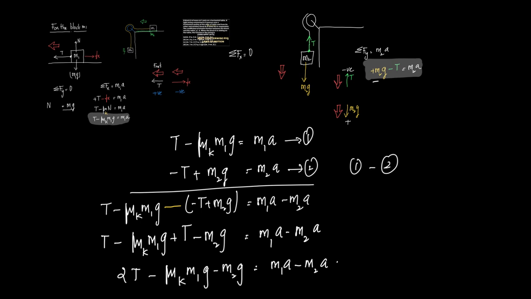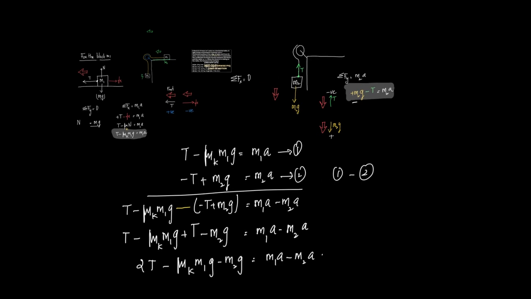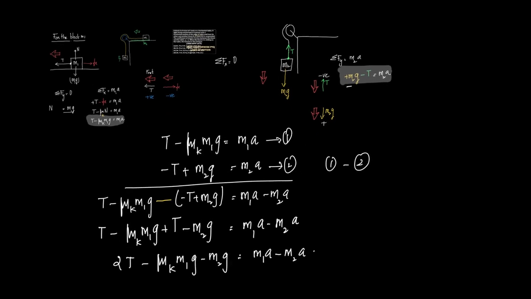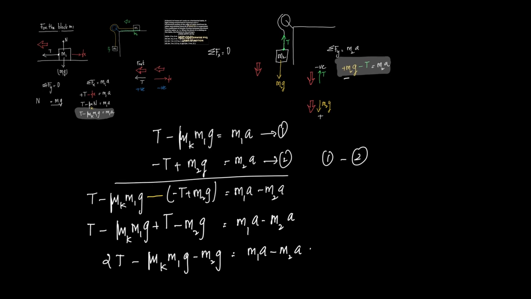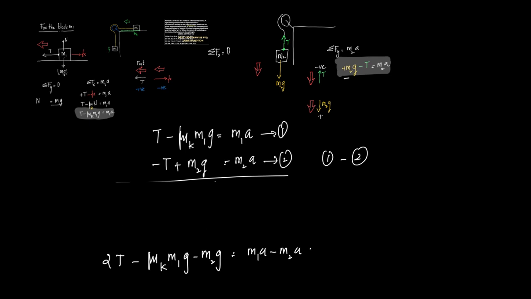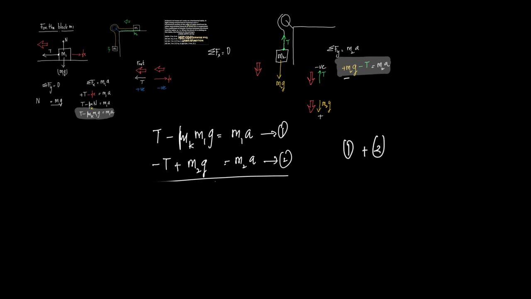So at this point, could we find the rest of the answer? No, we can't. Why? Because there is a left here. So we need to find out the value of a. So instead of finding 1 minus 2 here, we'll find 1 plus 2.